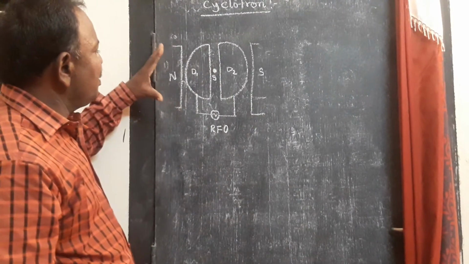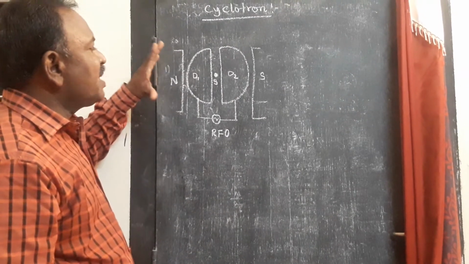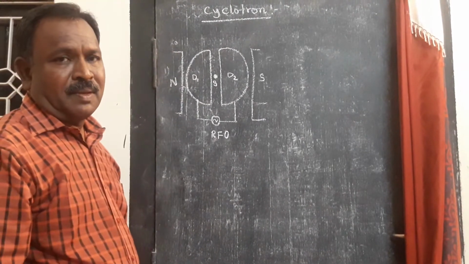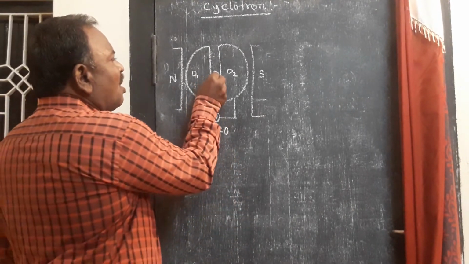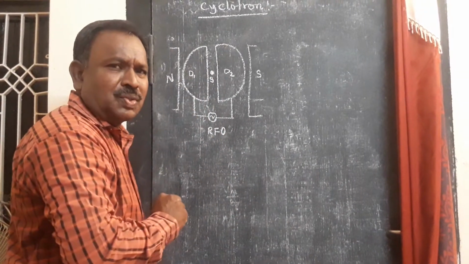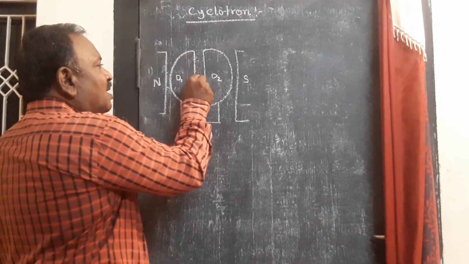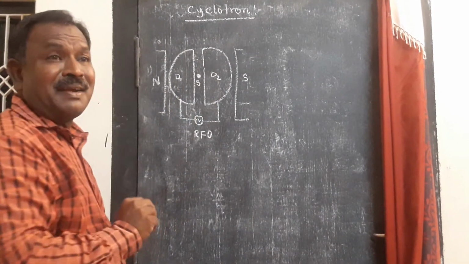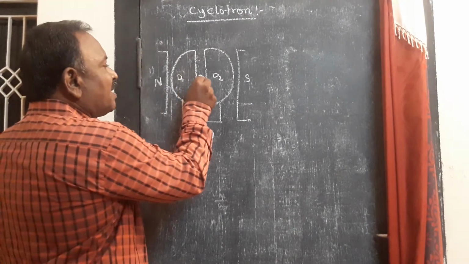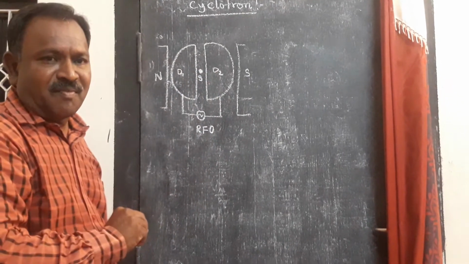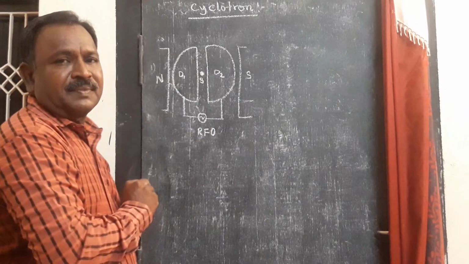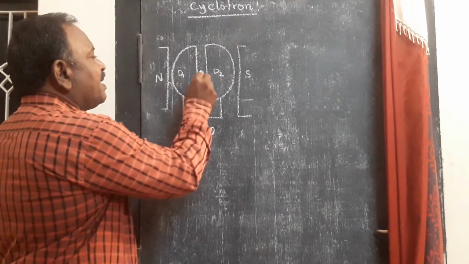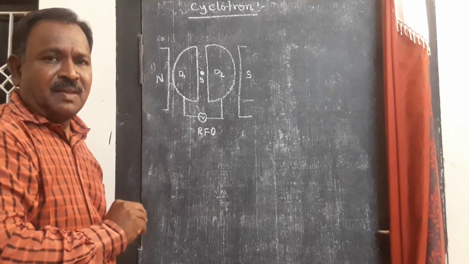So now we are going to see how this cyclotron works. At any instant of time, when a charge is emitted by the source, this charge will be attracted by the D which has opposite polarity. For example, consider an alpha particle, which is positive in charge.